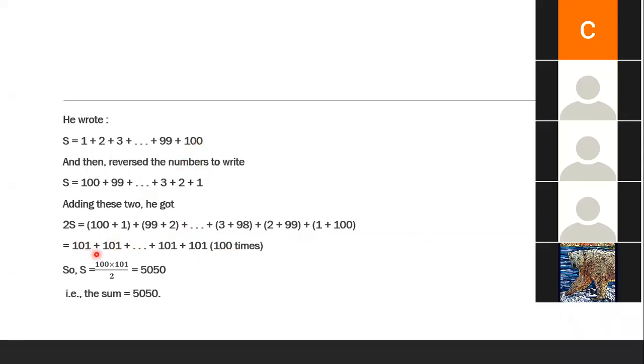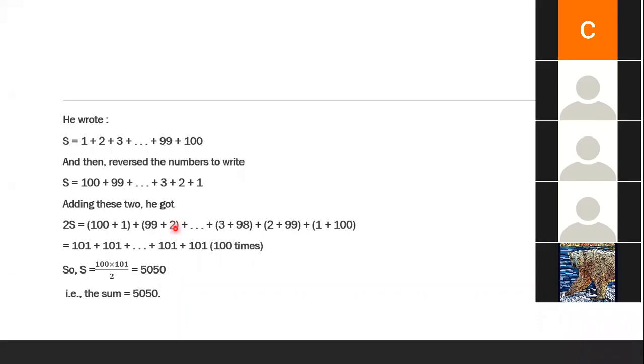Everything I'm getting is 101, 101, 101. 100 times I'm getting it, children. Any doubt here? So 2S is equal to 100 into 101. So S is equal to 100 into 101 divided by 2, which is 5050.